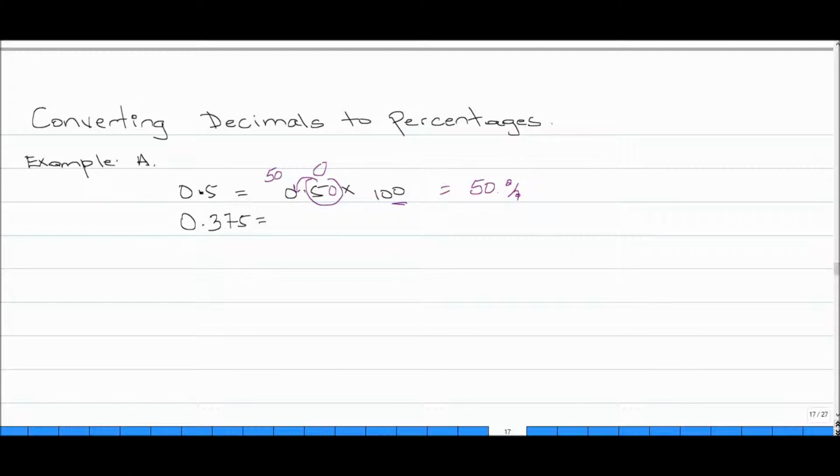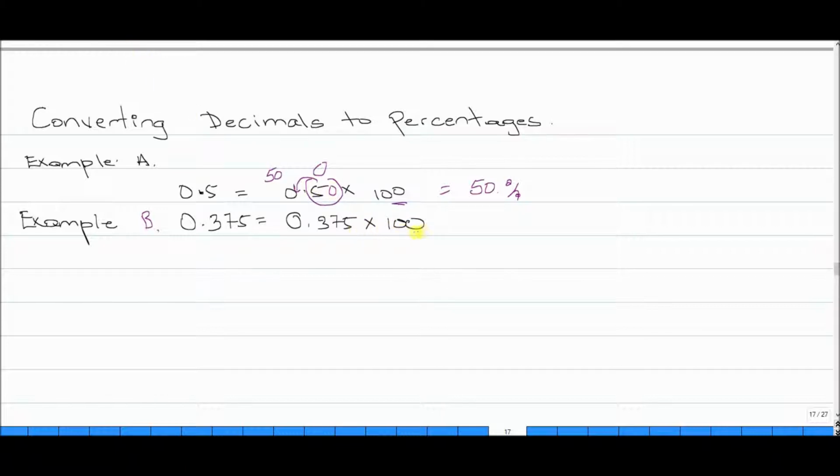Okay, let's go to example B. So we have 0.0375 multiplied by 100.